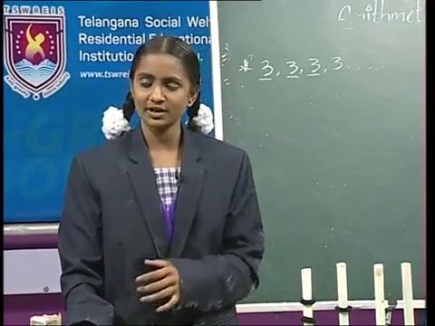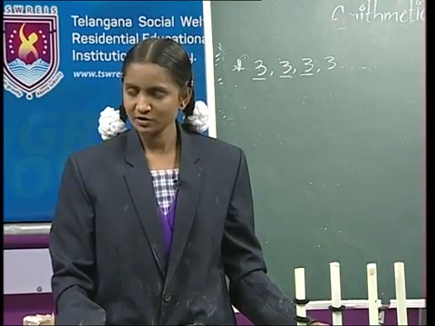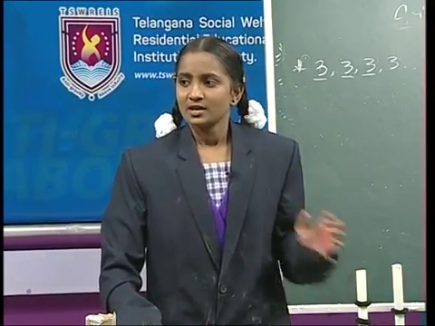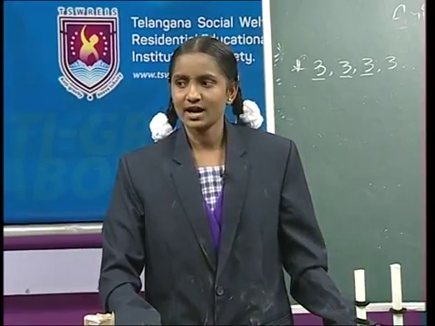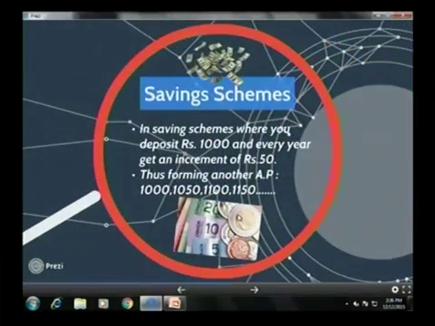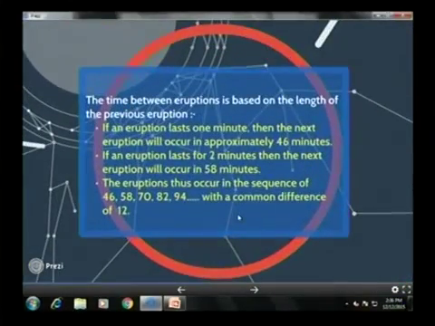Once again, let us see the applications of an arithmetic progression. We use arithmetic progression in our daily life, by seeing seats in theaters, ladder buildings, potato race, saving schemes with annual increments, and the eruption times based on the length of previous eruptions.